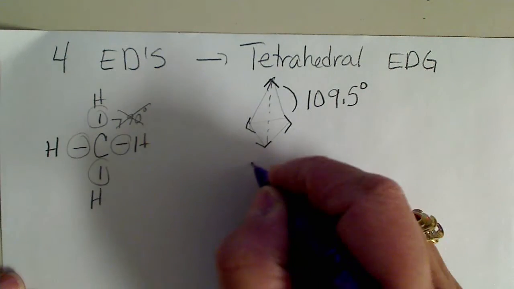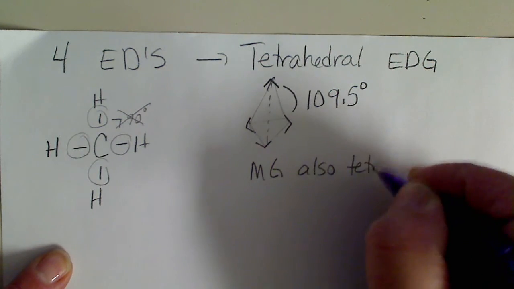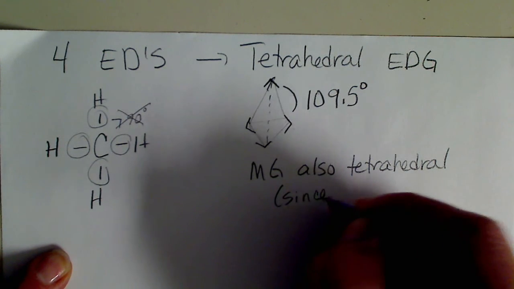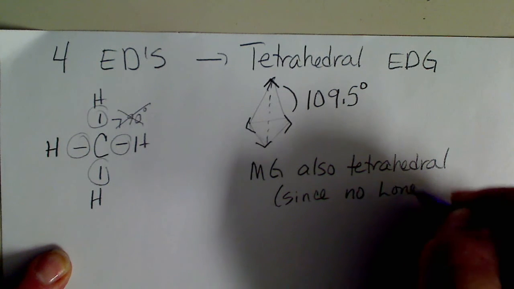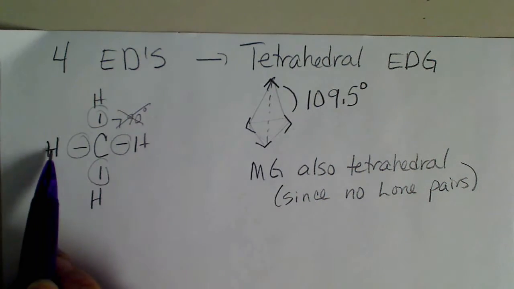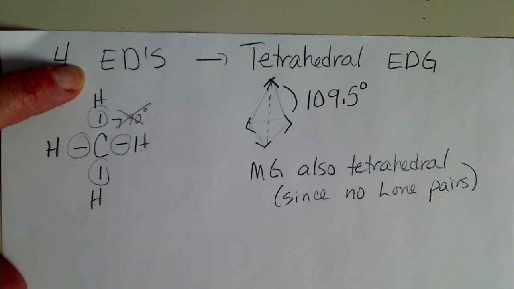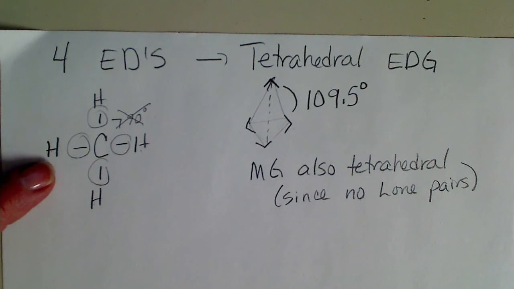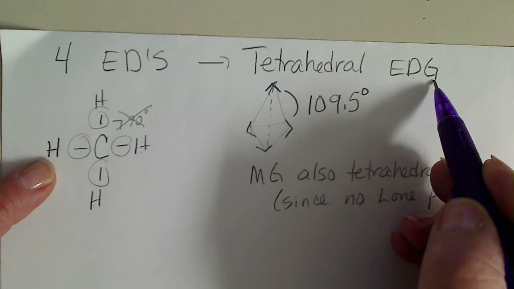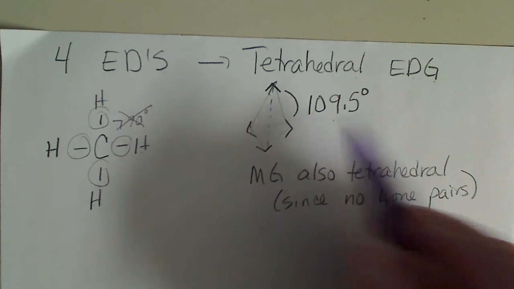So this is tetrahedral. The MG, the molecular geometry, is also tetrahedral, and that's because there are no lone pairs. And remember, our X-ray crystallography does not pick up electrons. So when we take a picture of any molecule, the atoms are what deflect those X-rays. So 4 electron domains translates into tetrahedral electron domain geometry with 109.5 degrees between those angles.